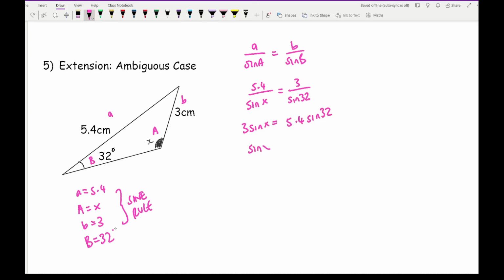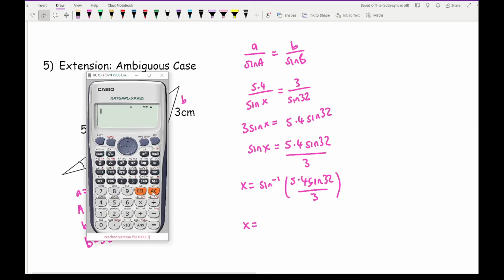So then sine x equals 5.4 sine 32 all over 3. So x equals the inverse sine of 5.4 sine 32 over 3. If I type that into my calculator, shift inverse sine, fraction, 5.4 and sine 32, close bracket, over 3, close bracket, equals, it gives me 72.5.